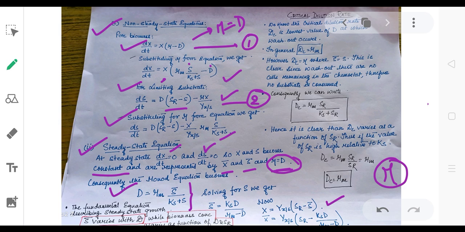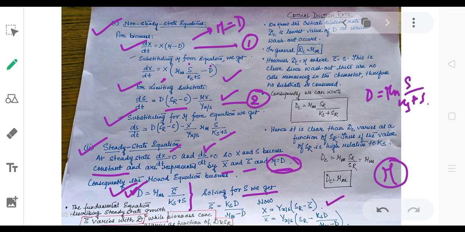Simply you take this equation, d is equal to mu m s by ks plus s, and solve for s. I am writing over here, d is equal to mu m s by ks plus s.